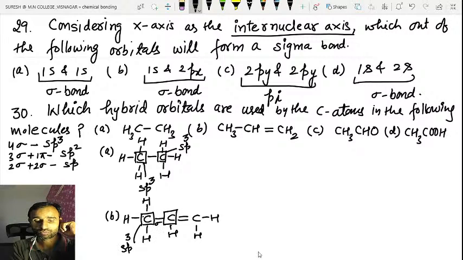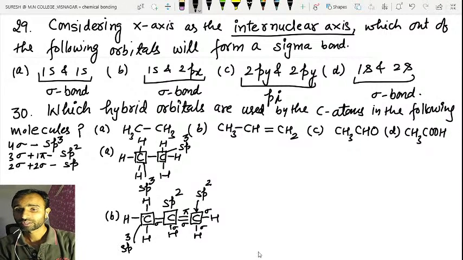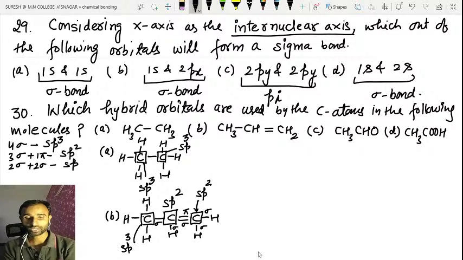This carbon has 3 sigma bonds and 1 pi bond. So sp2. This one again sp2. Right? Yes, beta. Very good, Sakshi, Namita, Anika, Siddharth. Very good, that's great.